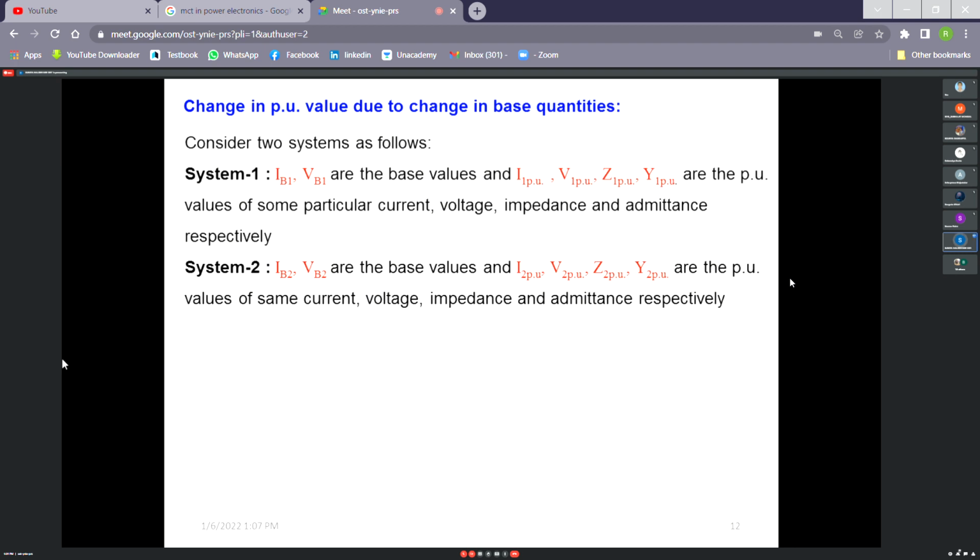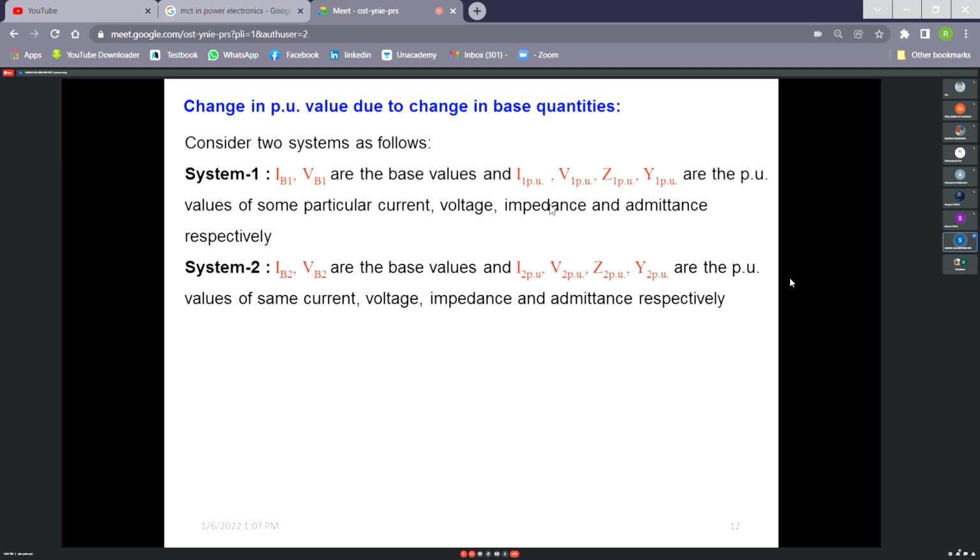So if we consider two systems, system 1 and system 2, two systems of different base values, but we are calculating per unit value of the same quantity. Say for 2 ampere current, one time we are taking base current as 10 ampere, another time we are taking base current as 5 ampere. But the actual current is 2 ampere.